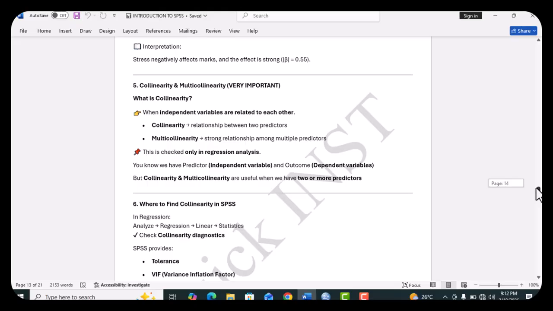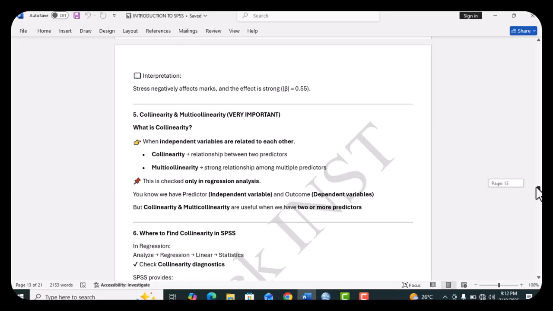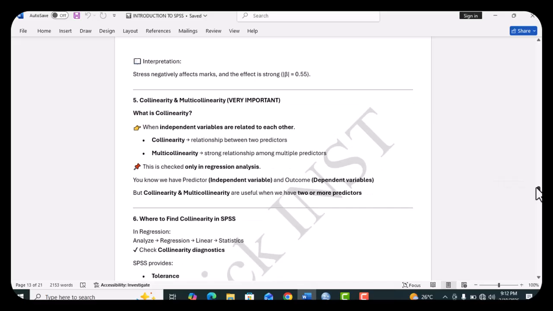You can do this check in regression analysis. You have the predictor, which is the independent variable, and the outcome, which is the dependent variable. So when you have two or more independent variables, that's when you check for collinearity and multicollinearity. So let's move on.